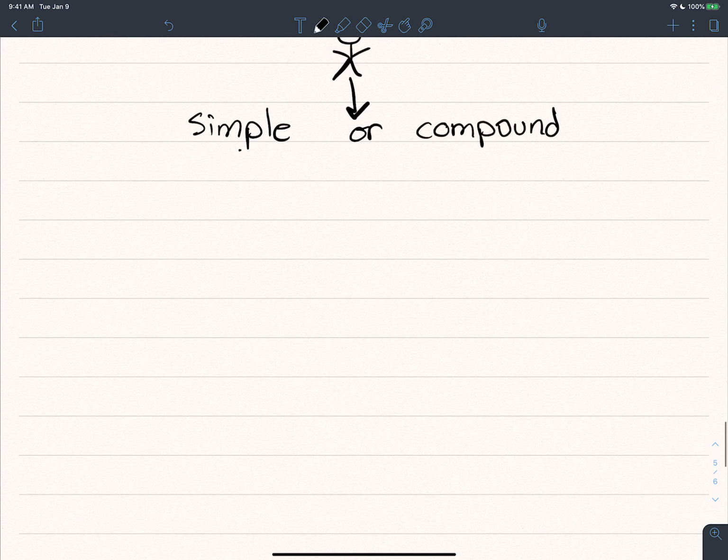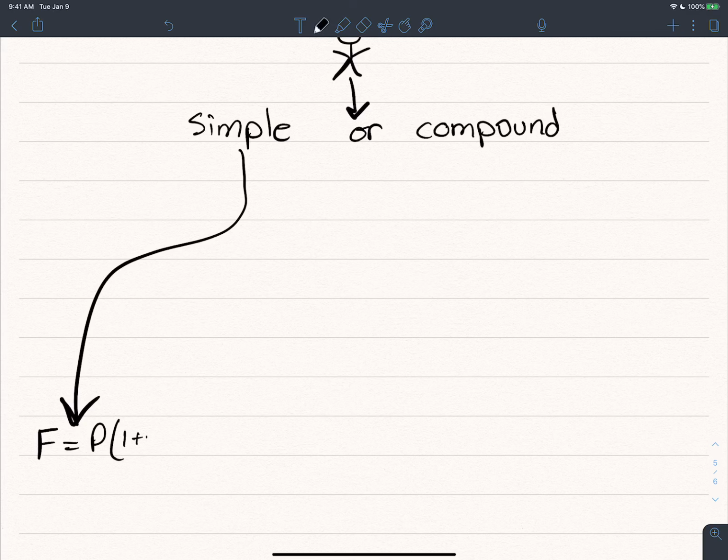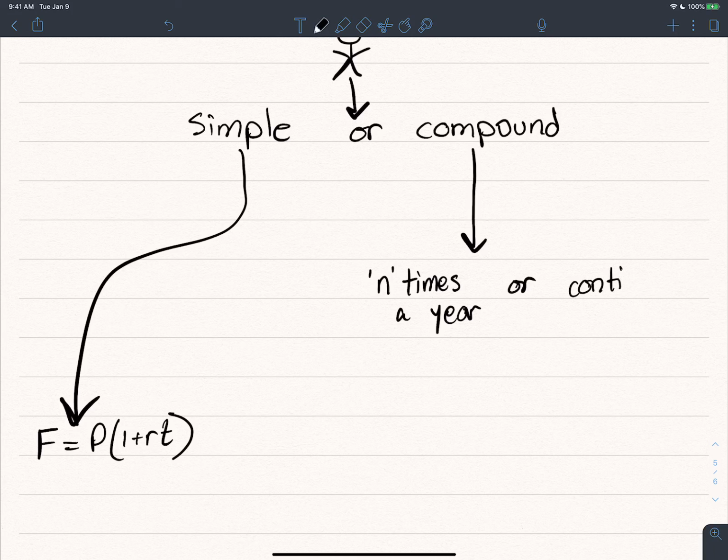If it is simple interest, good news, you're basically done. We just go to the formula. F equals P times (1 plus RT). And that's all there is to it. If it is compound interest, then we need to say, is it compounded N times a year, or is it compounded continuously?